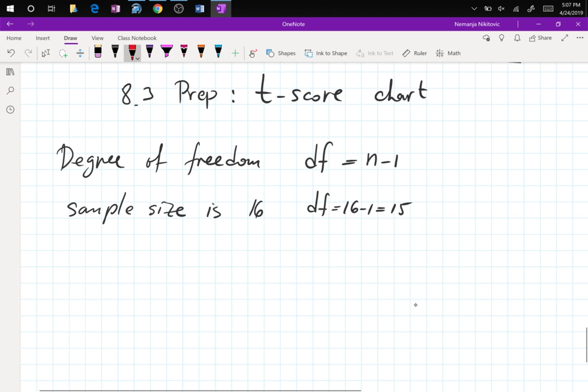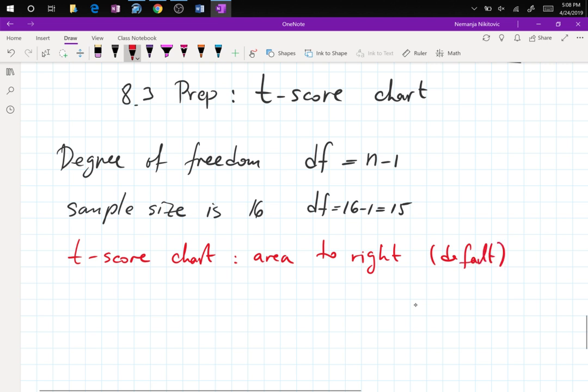I'll write that in blood. So t-score chart, area to the right. So that's the default. The default for z-scores is area to the left.